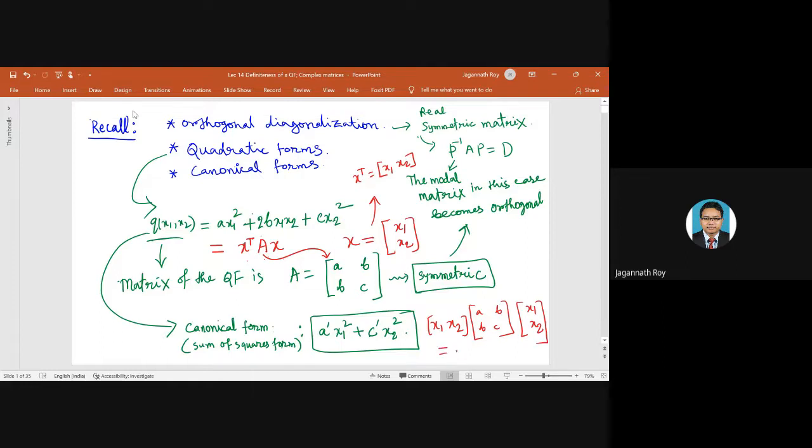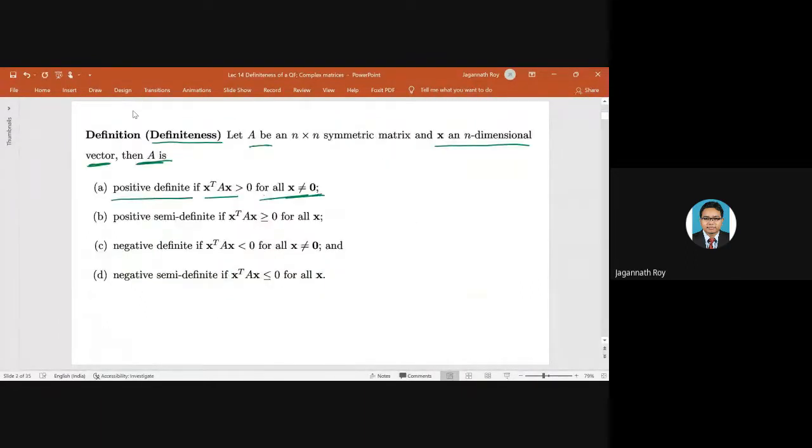So you will get a x1 square plus 2b x1 x2 plus c x2 square. So we want to study the definiteness of the quadratic form.